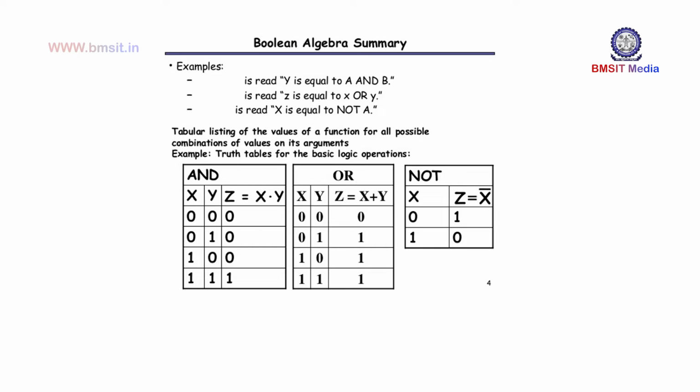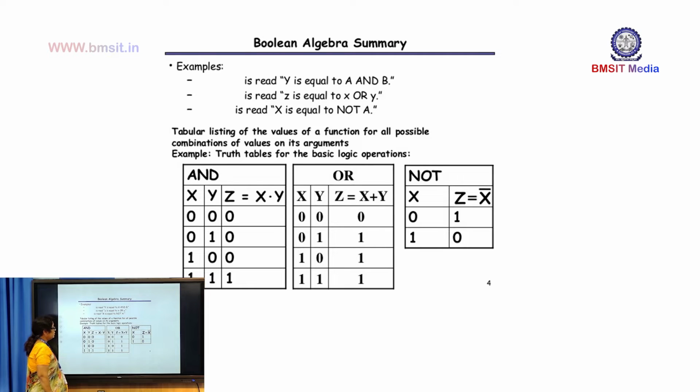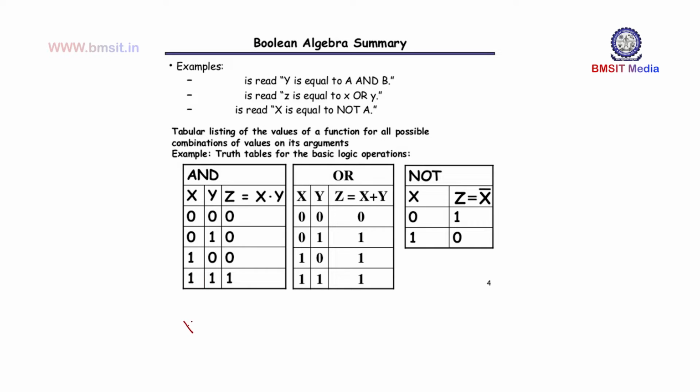Now in this slide we are going to show you the rules for these operations. The AND operation is used for two variables, and two variables can take a total of 4 combinations. All 4 combinations are listed here, and we have taken x and y as the variables. The first table is for x dot y.